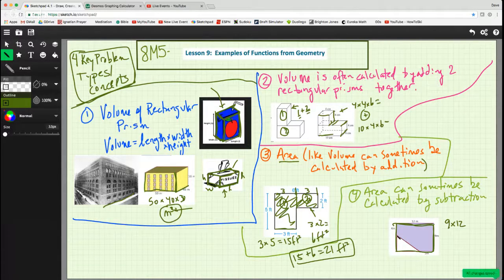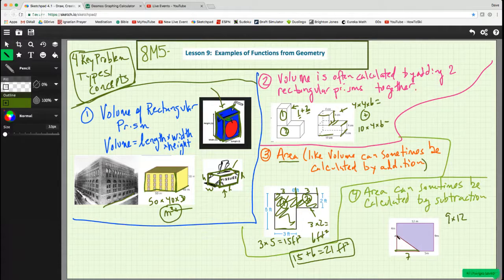But we've taken out this little rectangle here. That's 9 by 12, but we've taken out a piece that's 7 here. We know that's 7 because the whole thing is 12, and this piece here is 5. So that's 7.